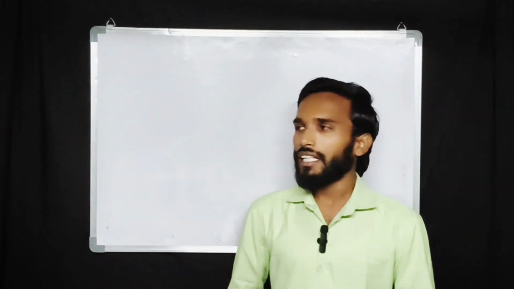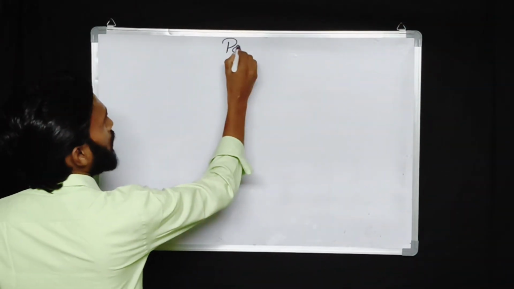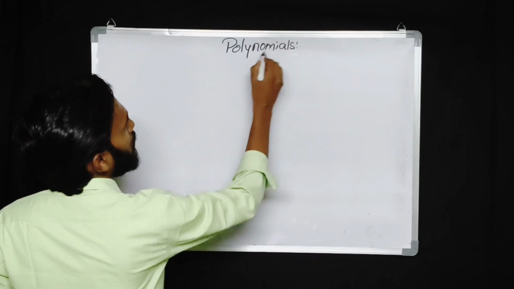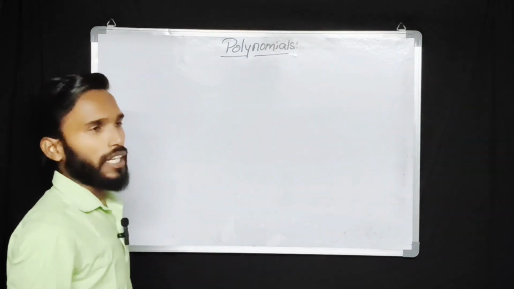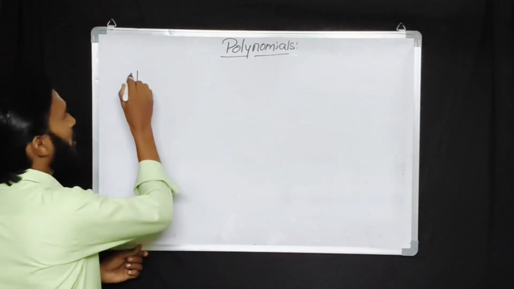So what is that? See on the board. Today our chapter is polynomials. First we should understand the definition of polynomials. What is the definition?